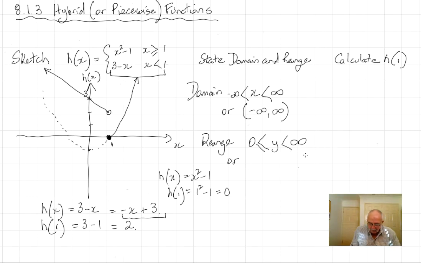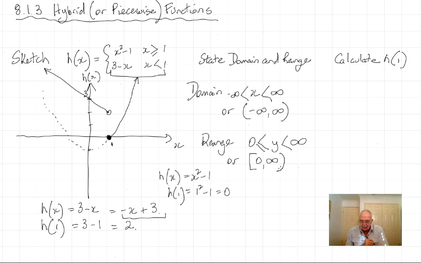Now that's one way of writing it. Another way of writing it, now if it includes 0, we use square brackets, 0, comma, infinity, and for infinity, because it is a concept that approaches infinity, we use the round brackets for that.